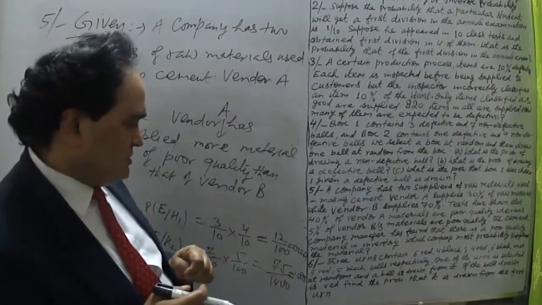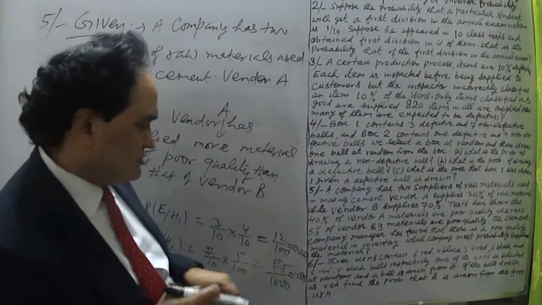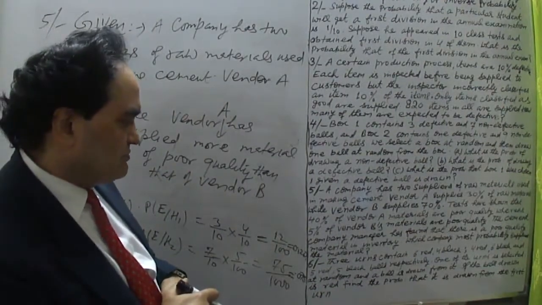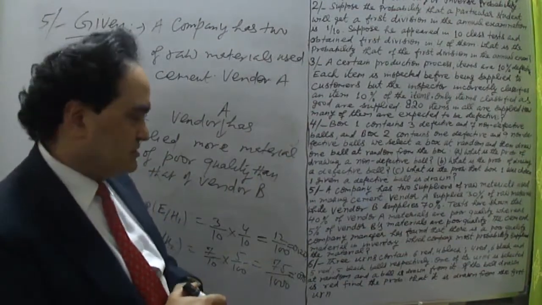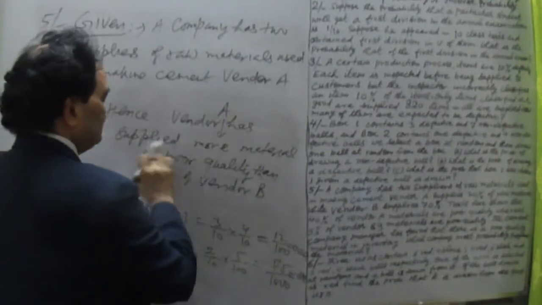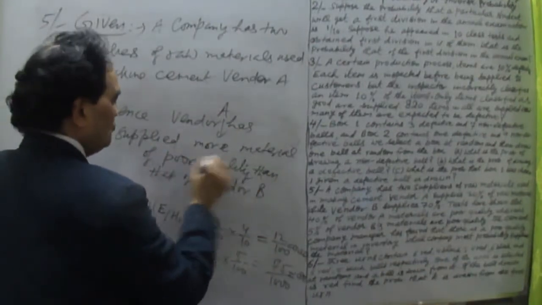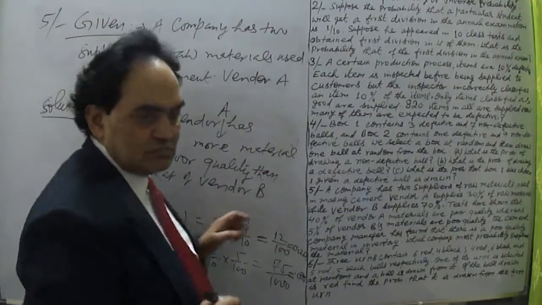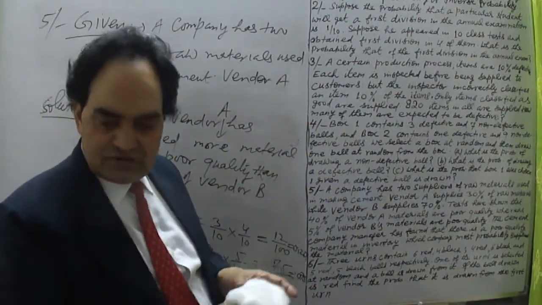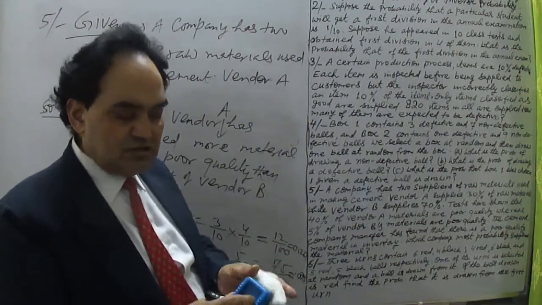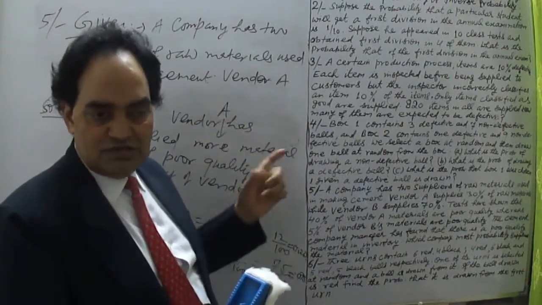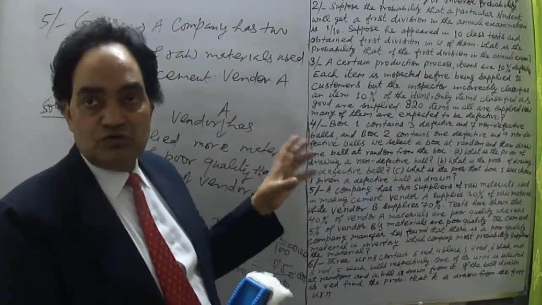So the answer is that A supplier has supplied, it asks which company most probably supplied the material. So A has supplied. This is the answer here. I have already written down that hence vendor A has supplied more material of poor quality than that of B. Even though 70% of material is supplied by B, he is supplying only 5% defective material, and A is supplying 40% poor quality material.